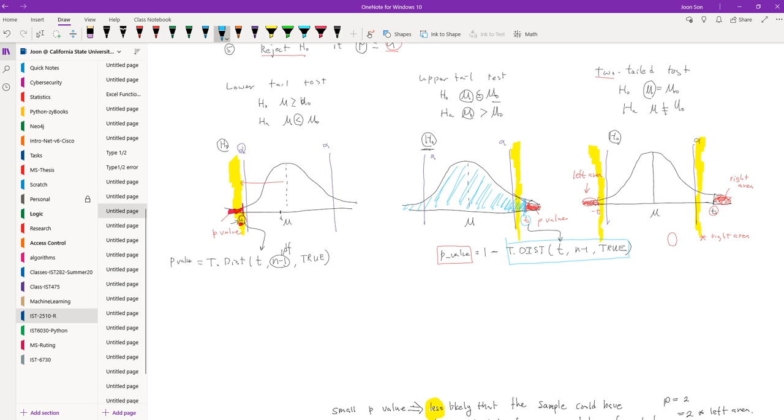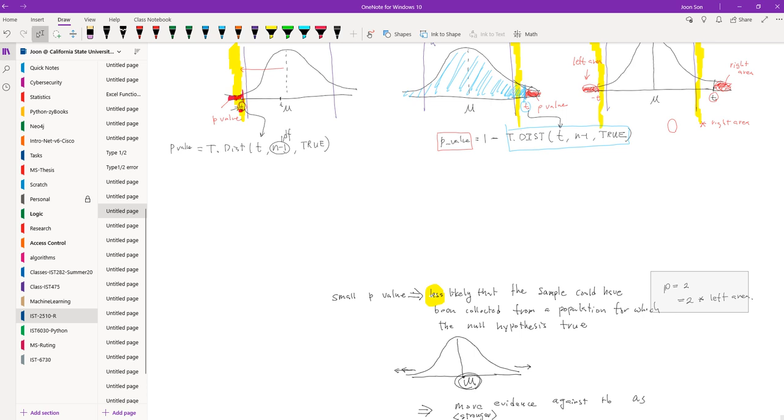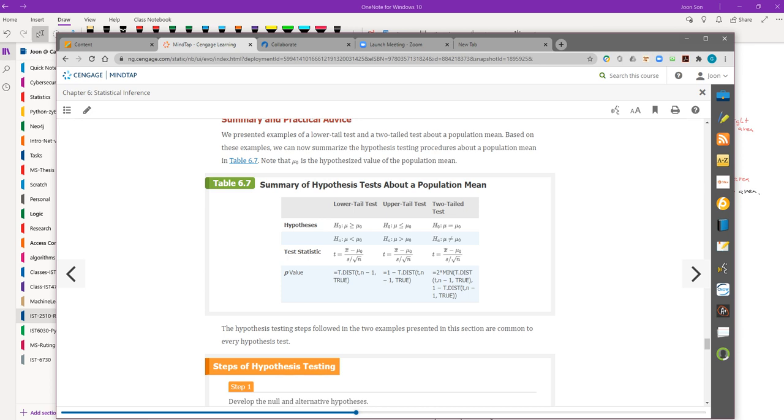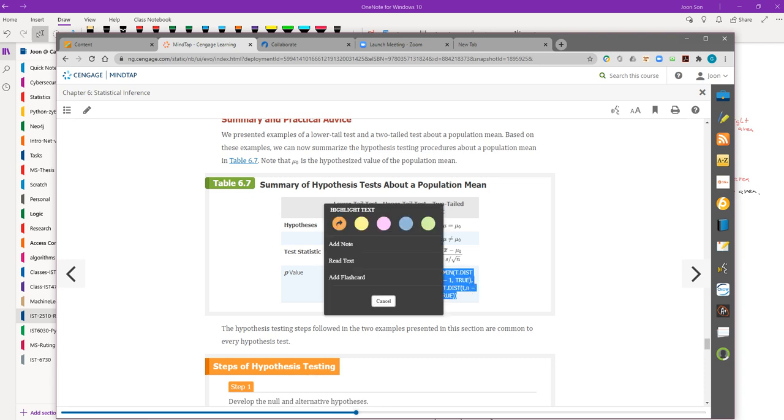Okay, so now let's take a look at the two-tail test case. In the two-tail case, it's 2 multiplied by the right area. If you look at the textbook, they use this 2 multiplying the min function and all that, but I really don't like this notation, this formula.